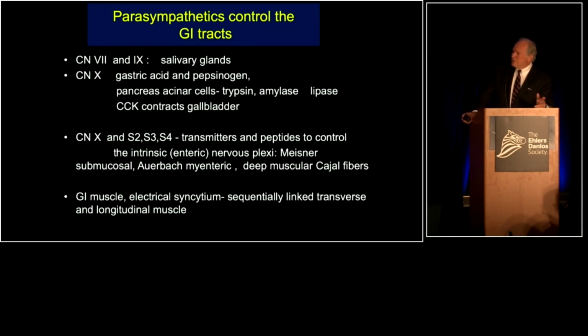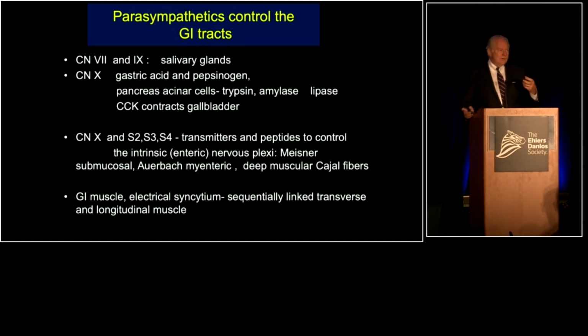They can cause leaky blood vessels, increase mucociliary activity. Now, almost every patient with EDS has GI problems. And we know the seventh, the facial nerve and the glossopharyngeal nerve trigger salivation from the salivary glands, and the vagus nerve triggers gastric acid release and pepsin, and also triggers the pancreas to produce trypsin, amylase, lipase, protease necessary to digest food. And the cholecystokinin helps to contract the gallbladder.